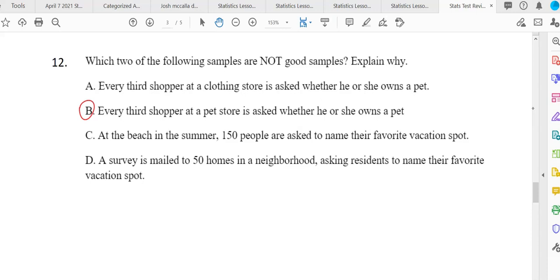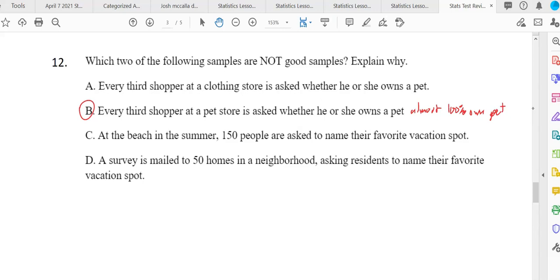I mean, I guess you're buying a gift, but it seems biased because if you go to a pet store, you own a pet, so almost 100% would own a pet, and we know not everybody owns a pet.